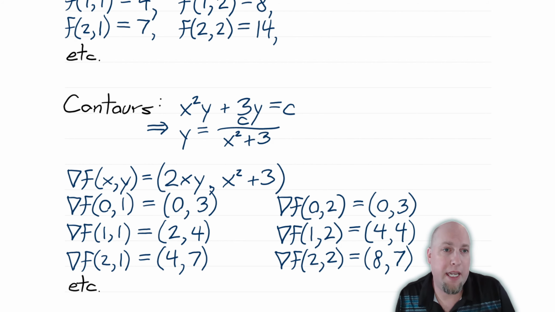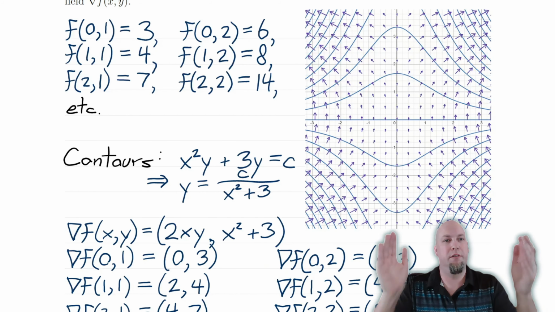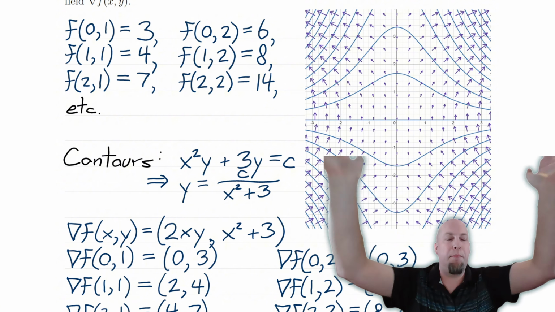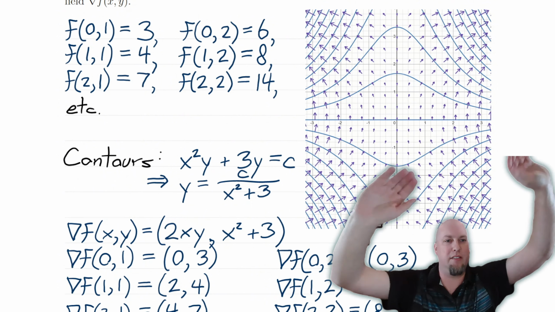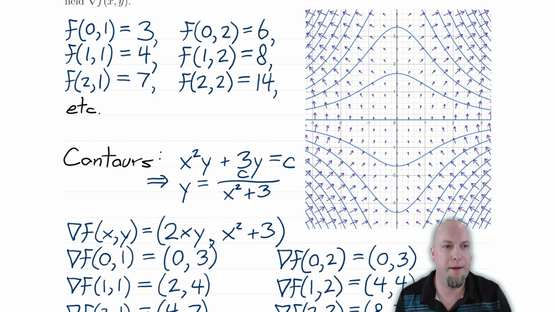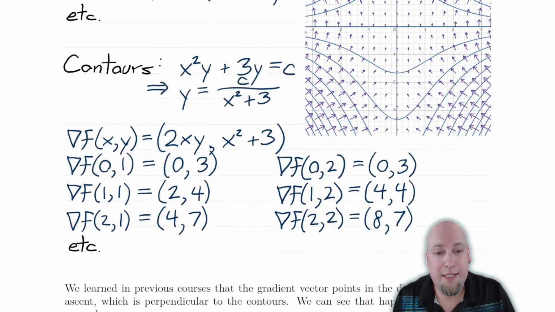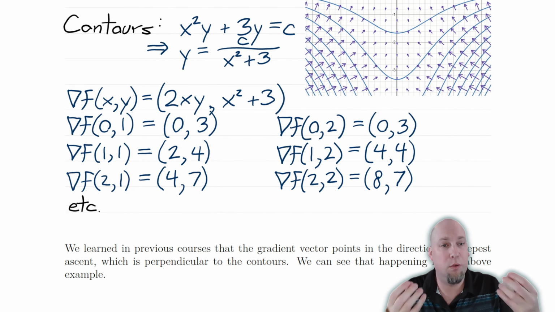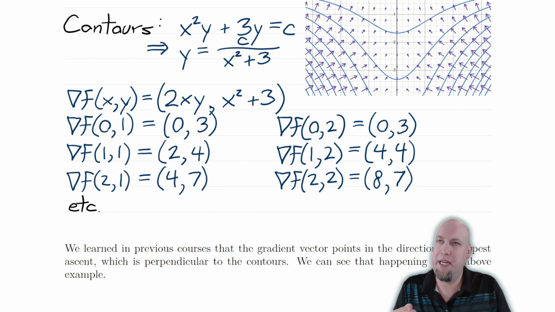And so you end up getting a picture something like this. The vector field arrows are just pointing up the hill. If you think of this scalar field as a surface, then these vector field arrows are pointing up the hill. Another thing that you learned back in multivariable calculus is that these gradient vectors have a really nice property in that they're always perpendicular to the contours, which makes some sense, right?